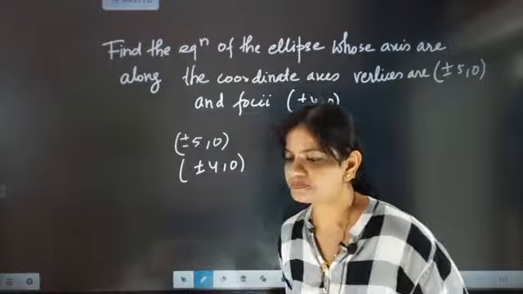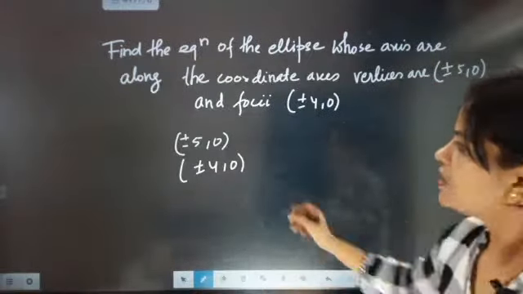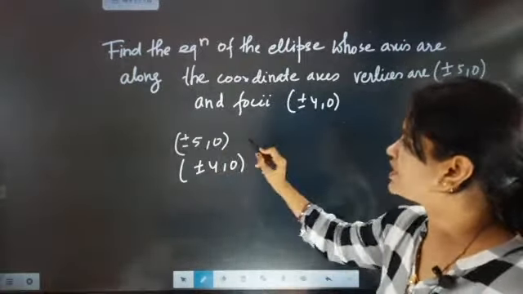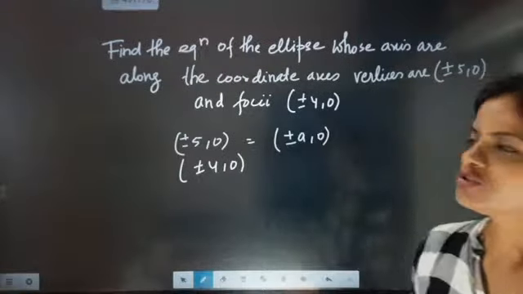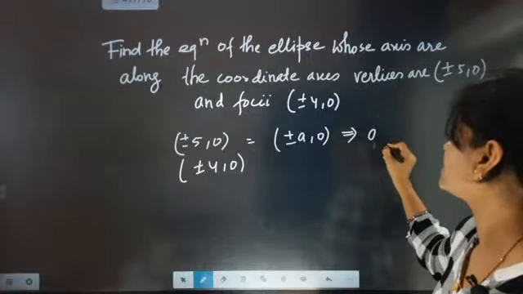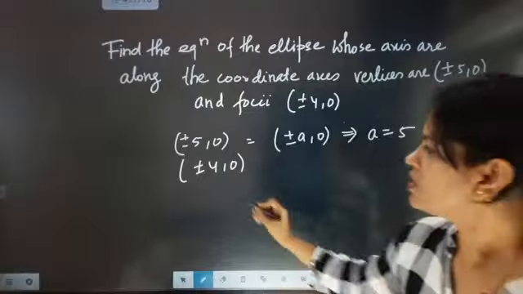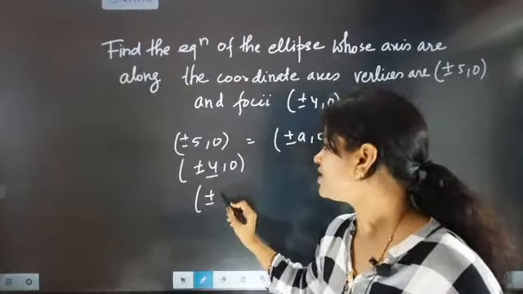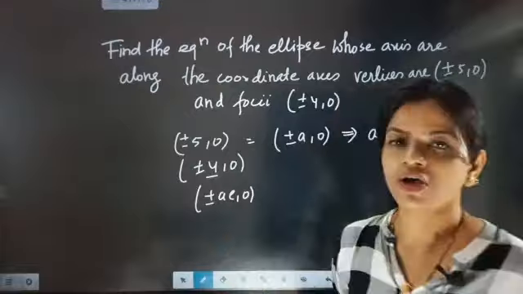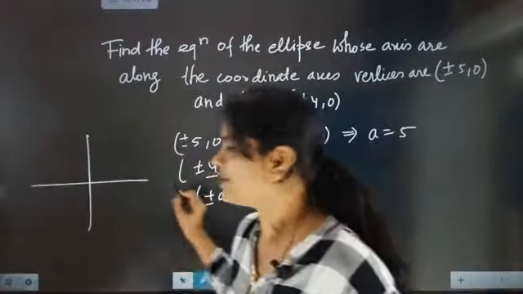Now look here. The vertex formula is plus minus a comma 0, so we got a as 5. Now this is representing the foci. Foci is plus minus ae comma 0 for this type of ellipse, which I drew right now.